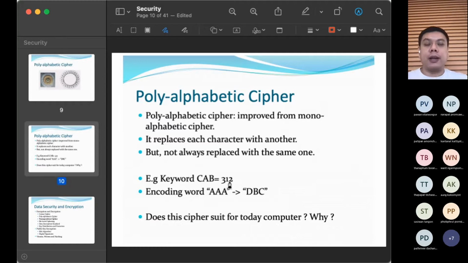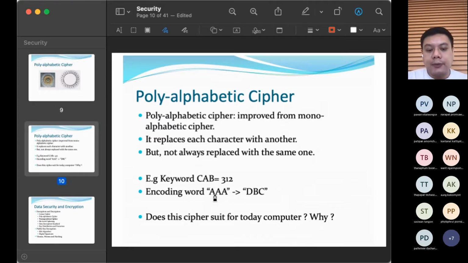For example, if in our team our keyword is CAB, only you and me can understand. What does that mean? It means that, for example, Caesar would like to send the word AAA to his team. Now he encrypts that with the keyword CAB.